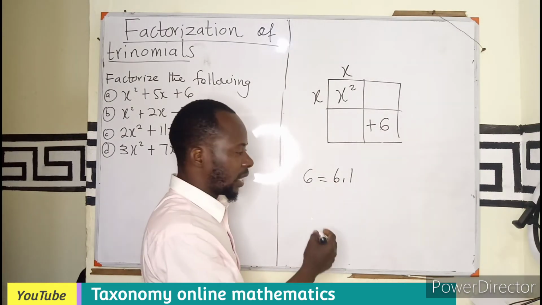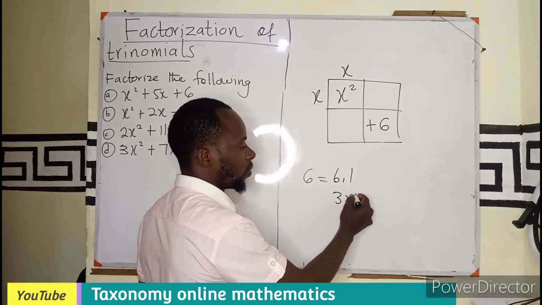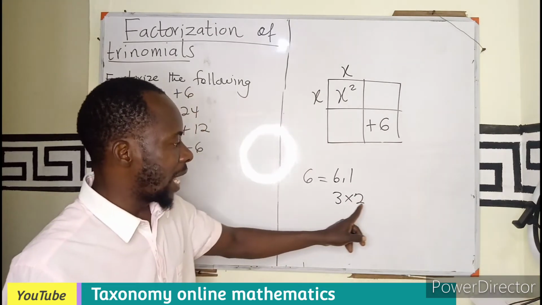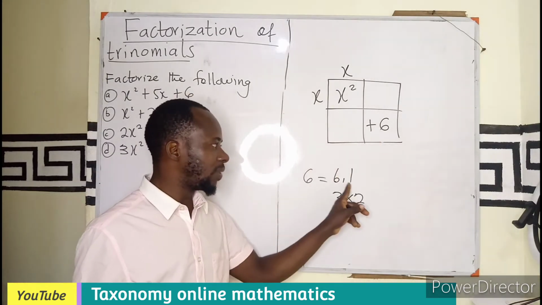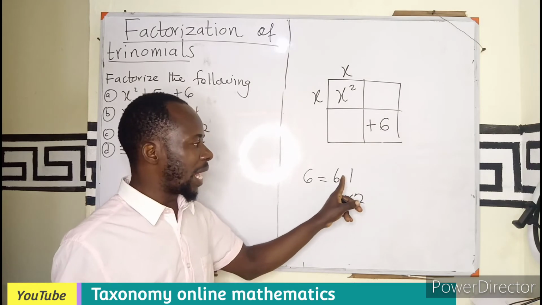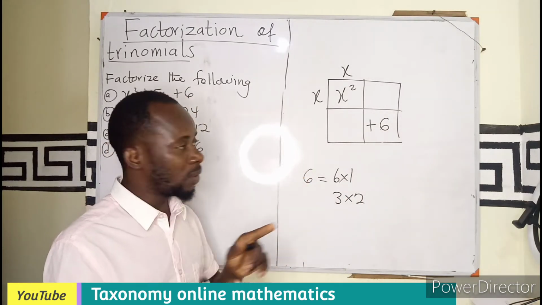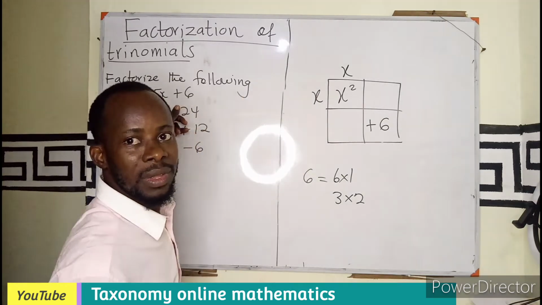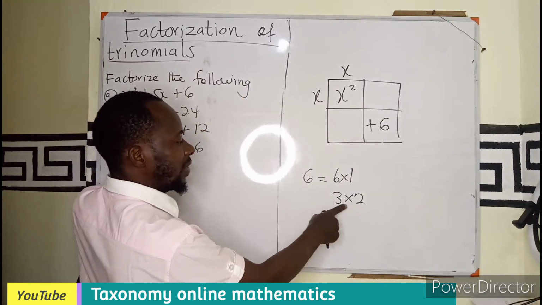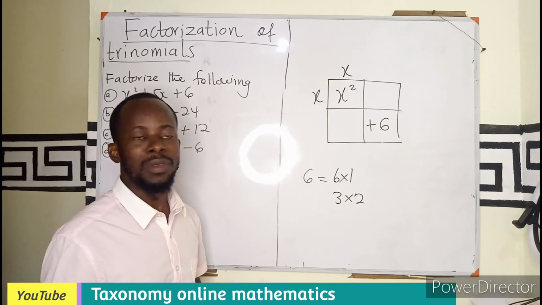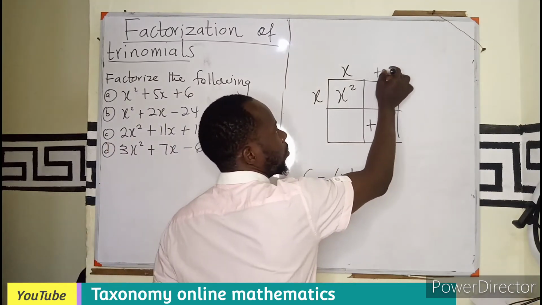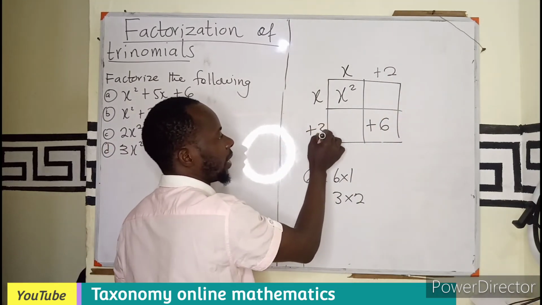That is multiplication. We also have 3 and 2. 3 times 2 will give me 6, and 1 times 6 gives me 6. But 1 plus 6 will not give me 5. I can see that if I add 3 and 2, I should get 5. So I only put here plus 2 plus 3.